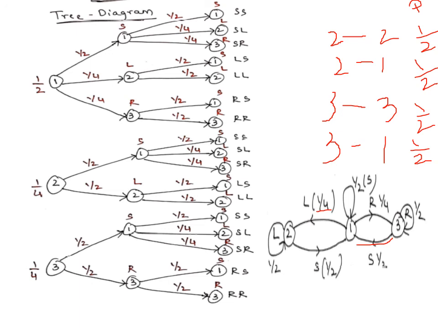And 1 to 1 message transmitted is S. 1 to 2 message transmitted is L. 1 to 3 message transmitted is R. Whereas from 2 to 2 message transmitted is L. 2 to 1 message transmitted is S. Same thing is represented over here. 2 to 2 L transmits, 2 to 1 S is transmitted.